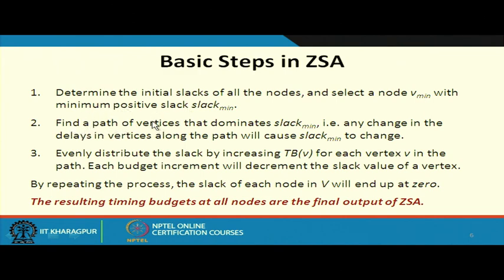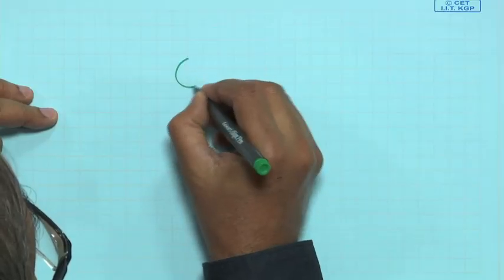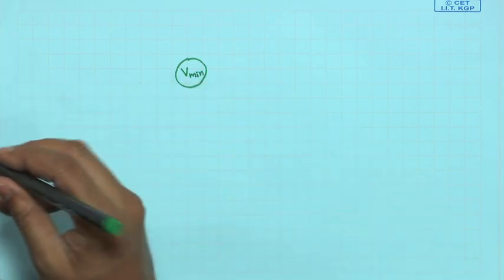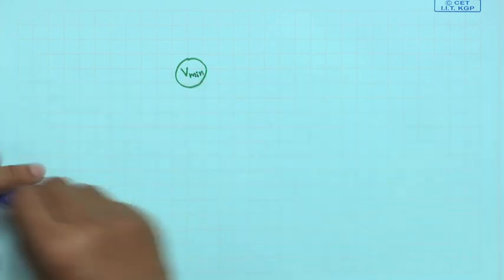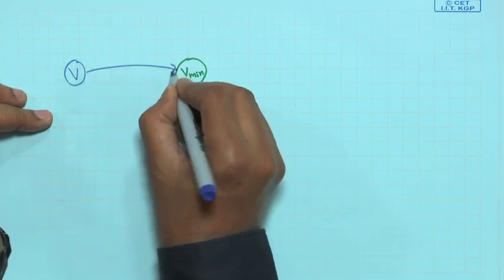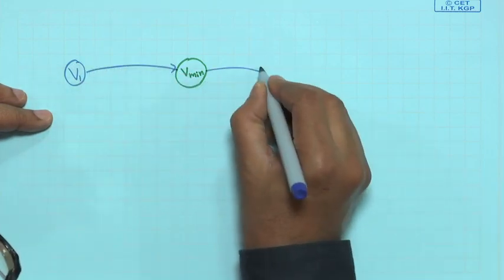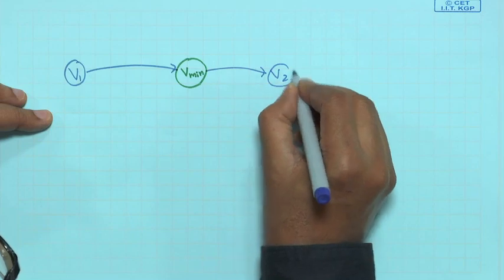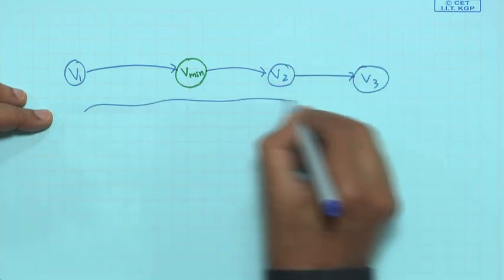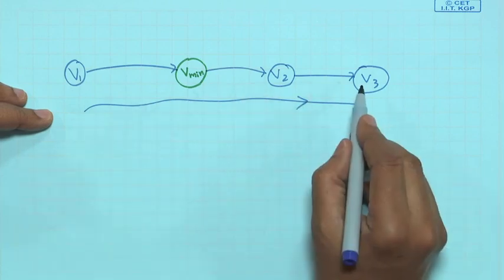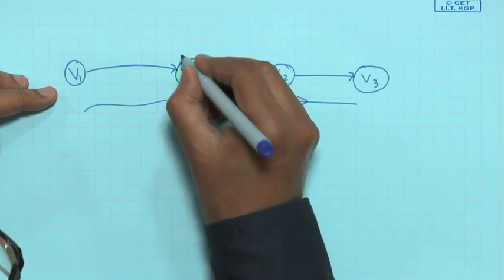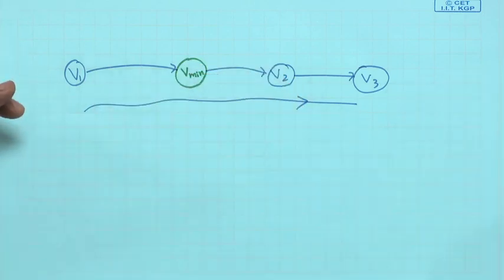For example, you have a netlist, you have found a vertex called V min. Then your next step will be to find a path through some other vertices, let us say V1, V2, V3, this is the whole path, in such a way that this particular node is having the minimum slack.